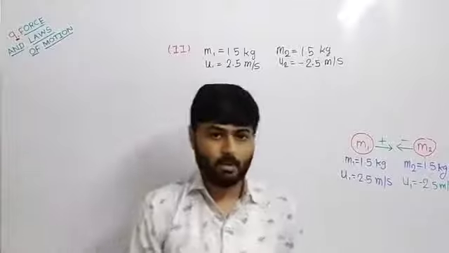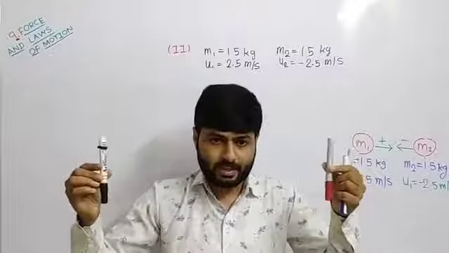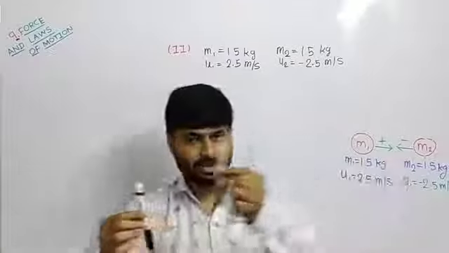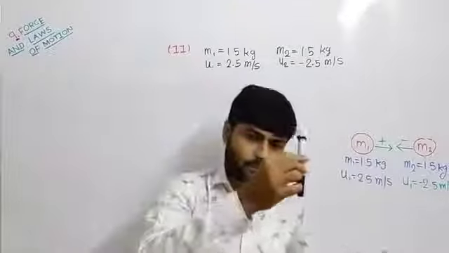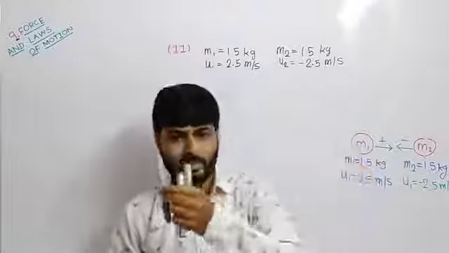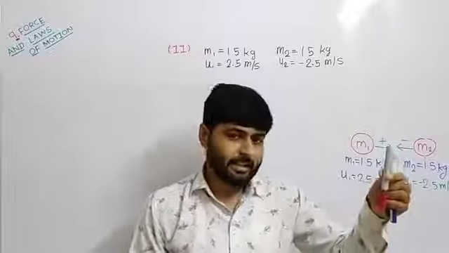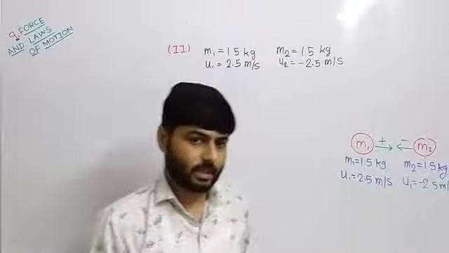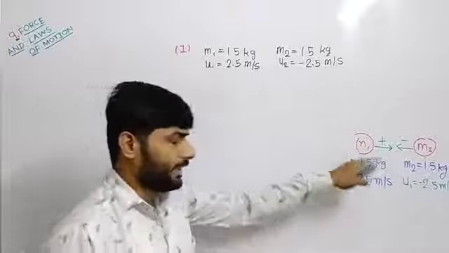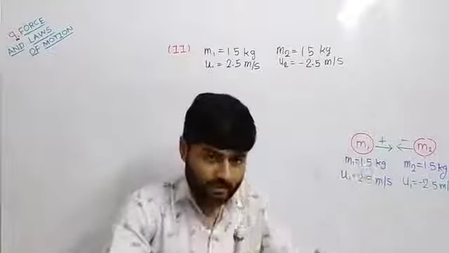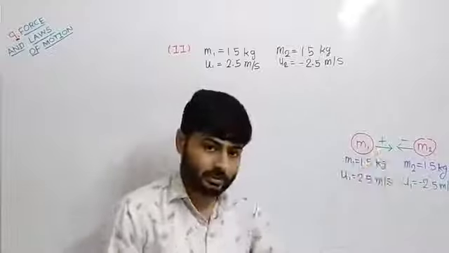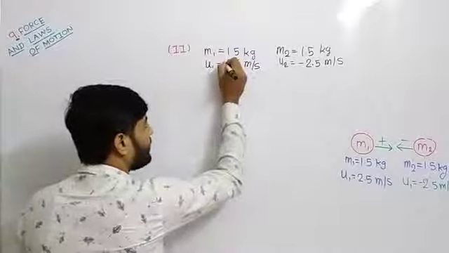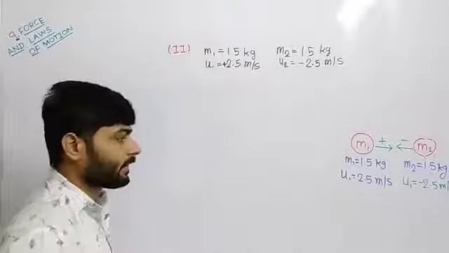Because both objects are moving in opposite directions. If I consider this as positive, I have to consider this as negative, or either way. So remember the point: if objects are moving towards each other, we take one as positive and one as negative.